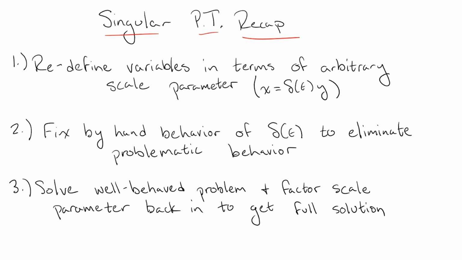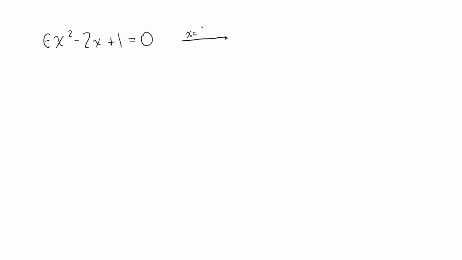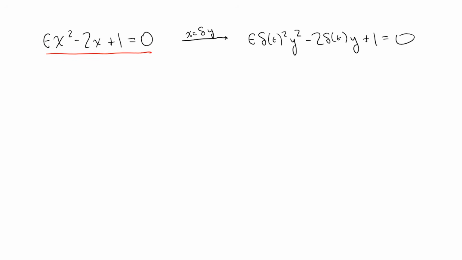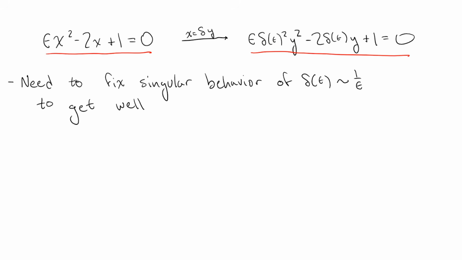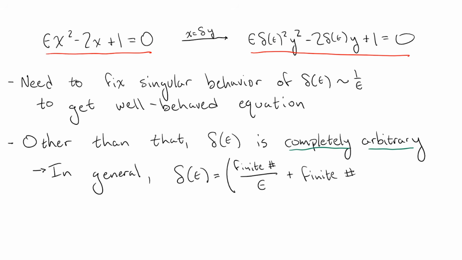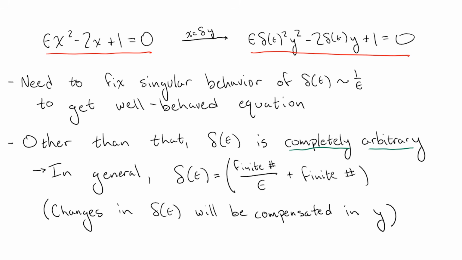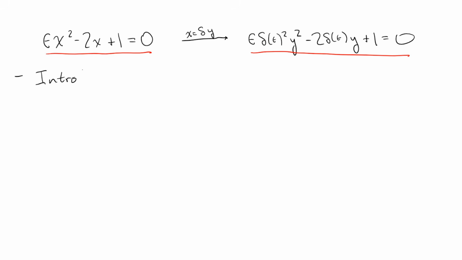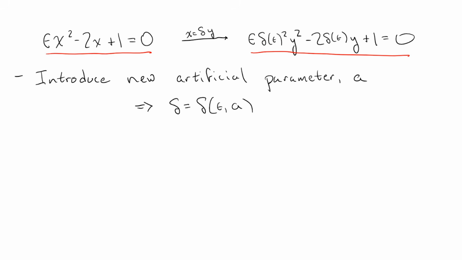One last thing before we move on to talking explicitly about renormalization in particle physics. Notice that our decision for the epsilon dependence of delta was necessary in order to remove the singular behavior from the equation we wanted to solve. However, since delta is otherwise arbitrary, we could also include any finite factors we want in delta. So say we introduce a new parameter into delta, call it a, so that delta is a function of both epsilon and a.